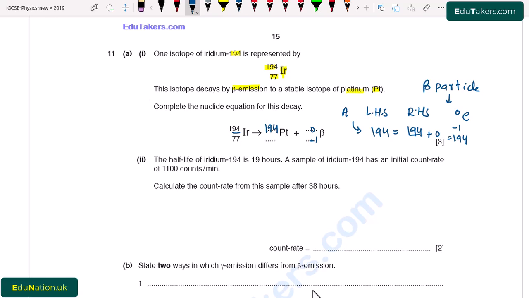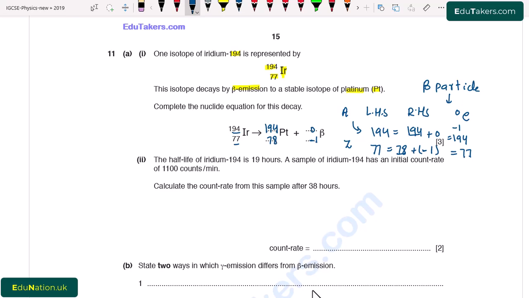I write here Z, that is for atomic number. On the left side it is 77 and on the right side it is -1. So what do I have to add there so that the total becomes 77? I add here 78 so that 78 minus 1 will be equal to 77. So I write here it is 78.